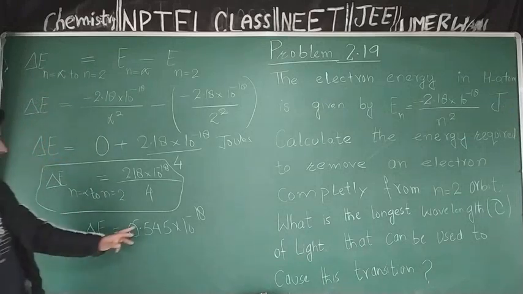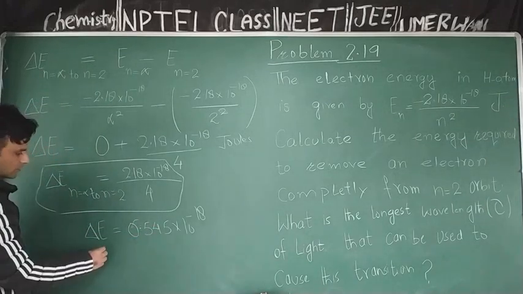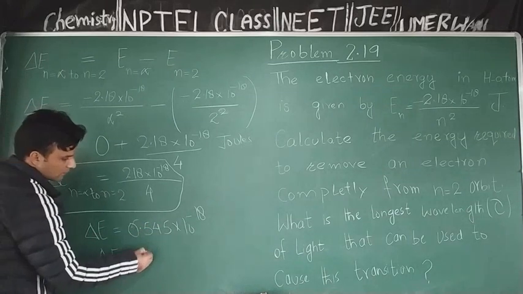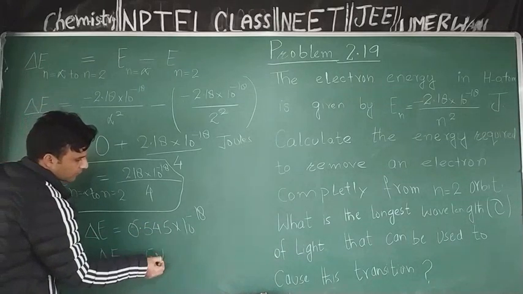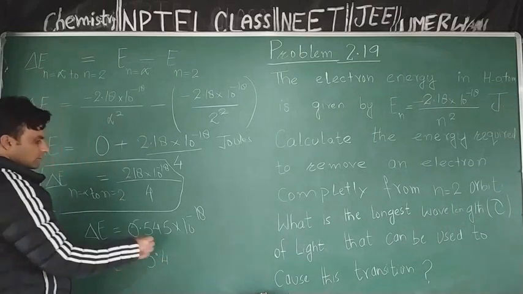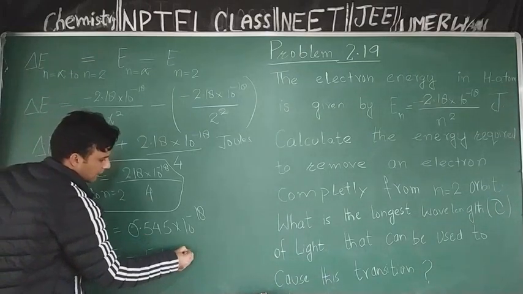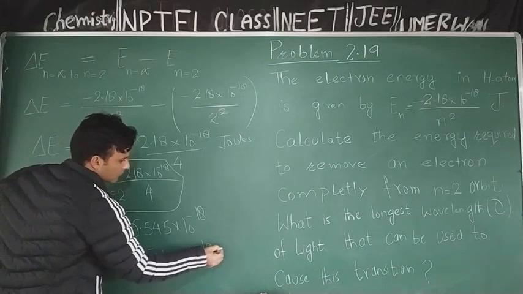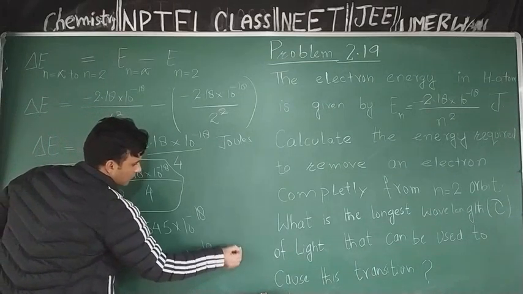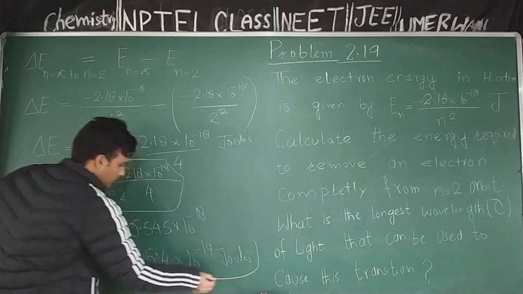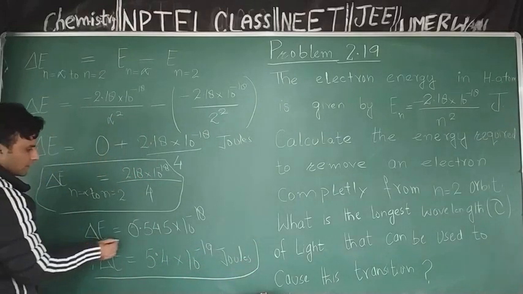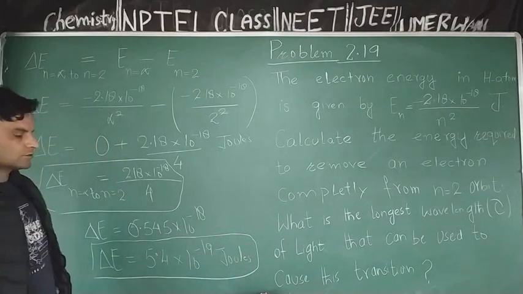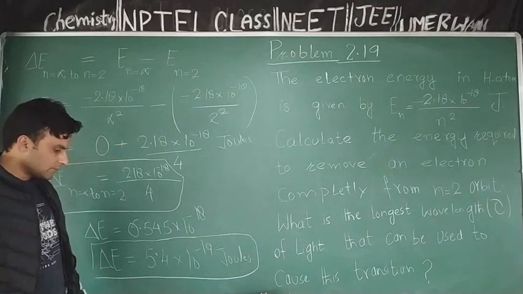And if I bring this in scientific notation, delta E is equal to 5.4 into 10 to the power minus 19 joules. This much energy we have to provide to the electron present in the second orbit of hydrogen atom in order to remove it completely from the hydrogen atom.